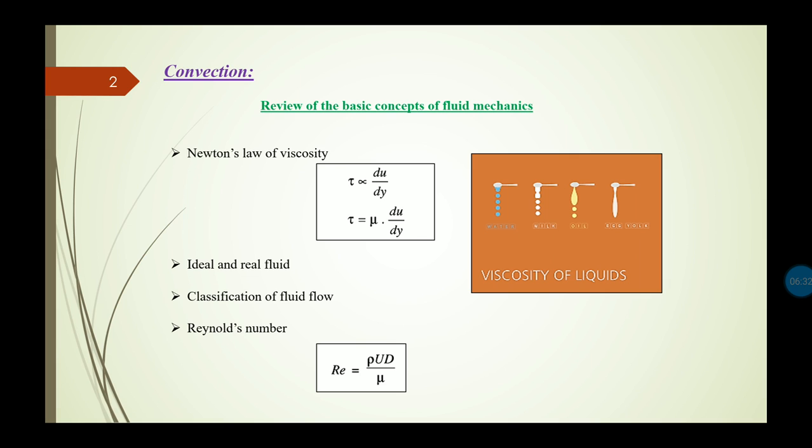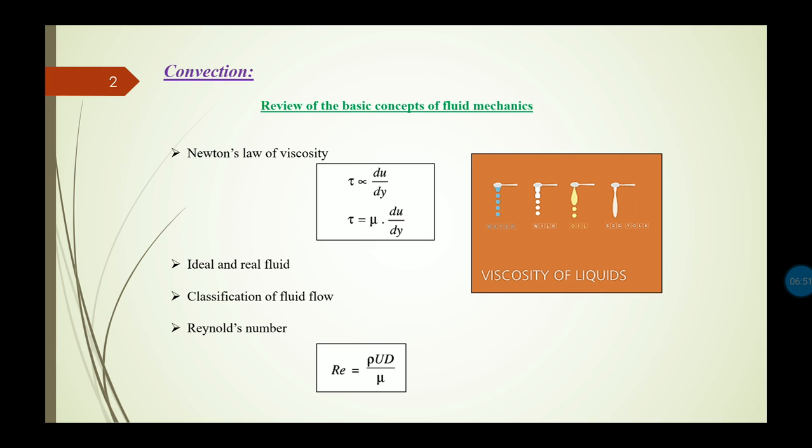A gas has no definite volume, and when left to itself without confinement, a gas forms an atmosphere which is essentially hydrostatic. These are the things we have already studied in our basic concepts of fluid mechanics.